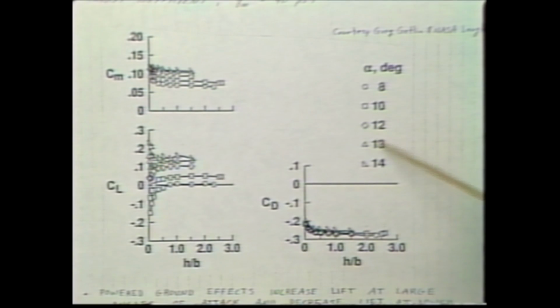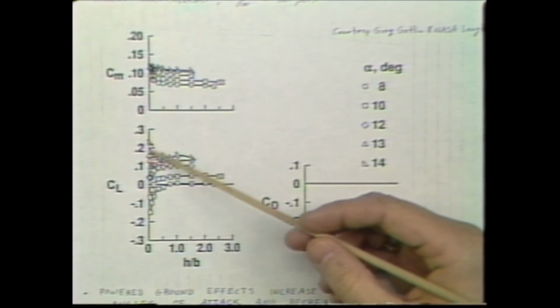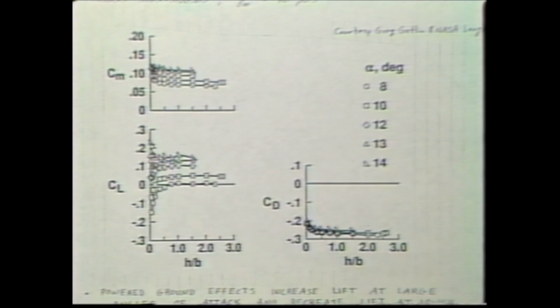And then as you get to higher angles of attack, the trend changes and you get down close to the ground here positive ground effects. So this is an important consideration. It's dictated by how close you are to the ground, what your thrust coefficient is, what angle of attack you take off at, a lot of different drivers.